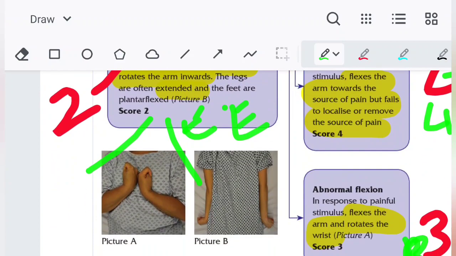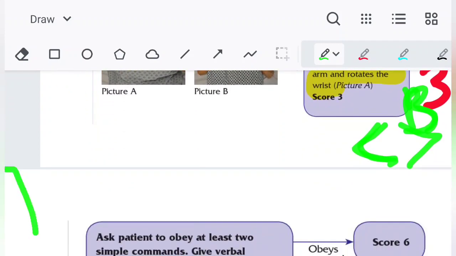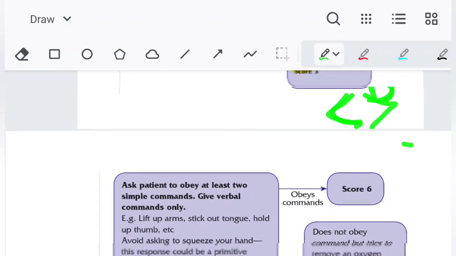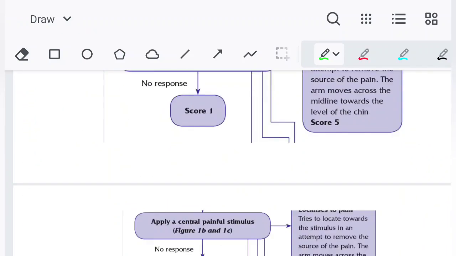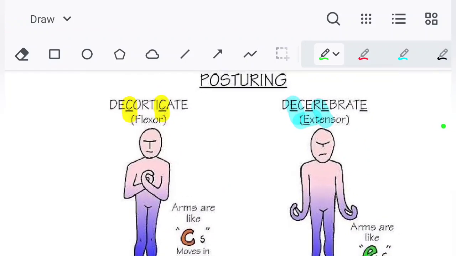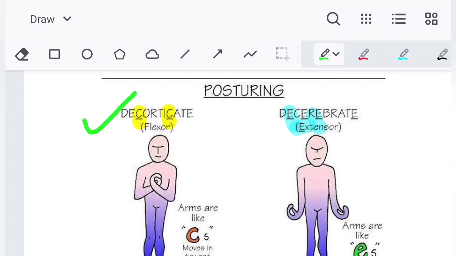Okay, no response. So now let's see this flexion and extension position, decorticate and decerebrate position. See, this posturing is decorticate and this is decerebrate, that is BEN we had, no?